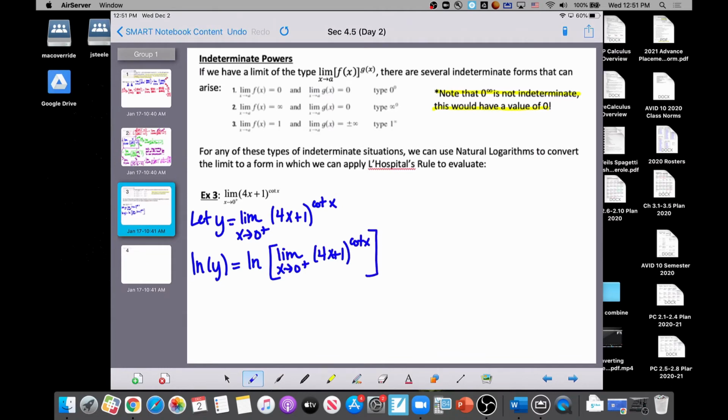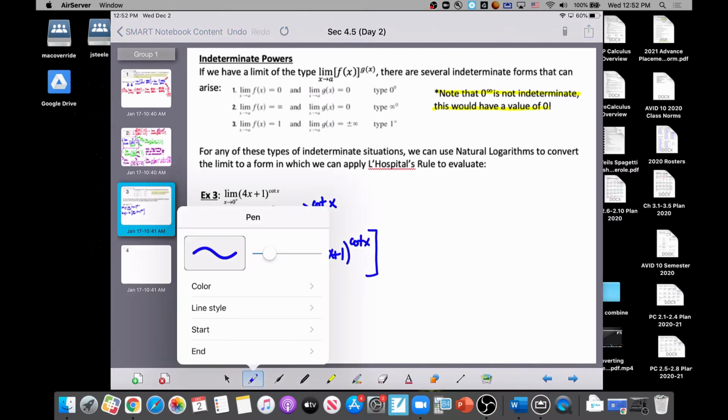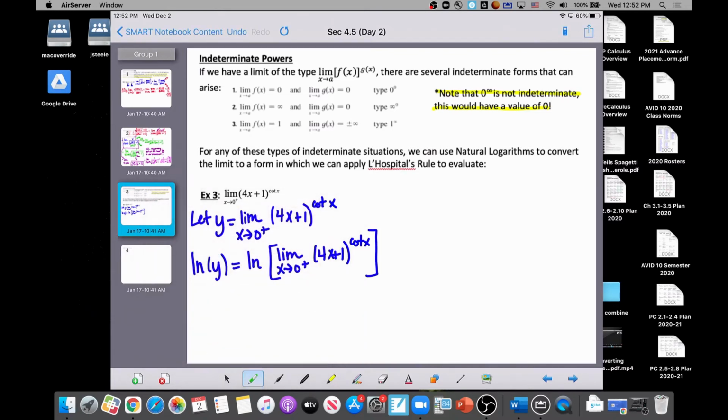And then we're going to think about our limit laws, and our rules about limits. And we can pull the limit out in front of the natural log. So that's going to be our first step here, is this limit is just going to get moved in front of the natural log.